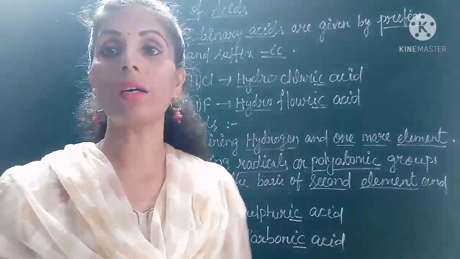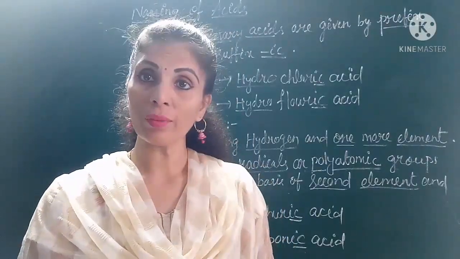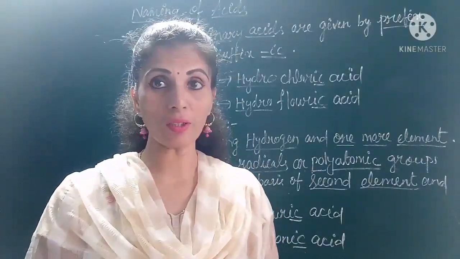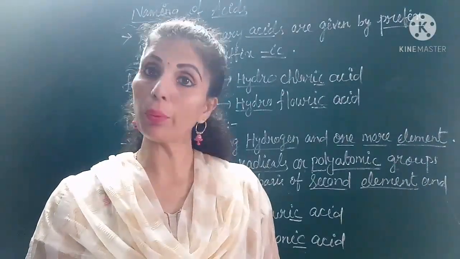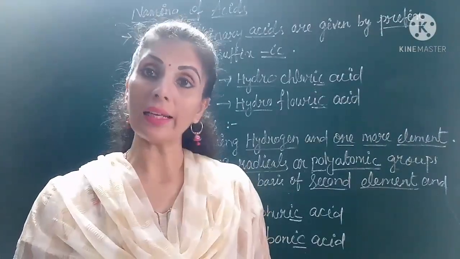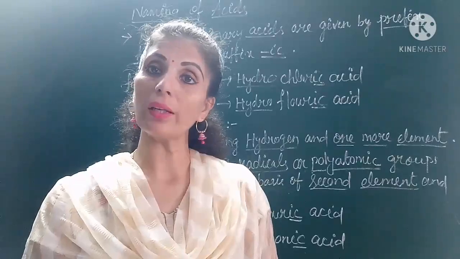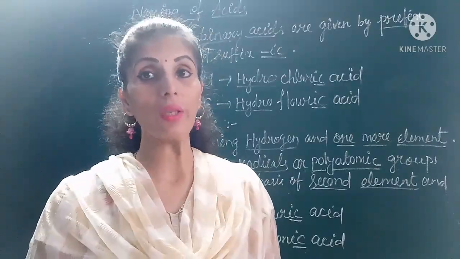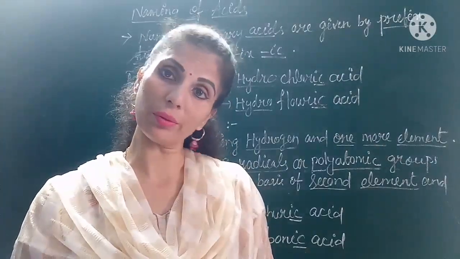Like this, other names you can also give. Suppose H3PO4. P is phosphorus. You have to take the second element, phosphorus, then put the suffix ic. Then phosphoric acid. Like this, you can name the binary acids and the acids containing radicals and other polyatomic groups.